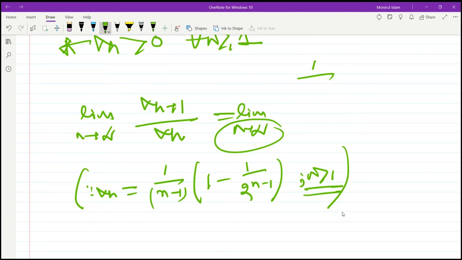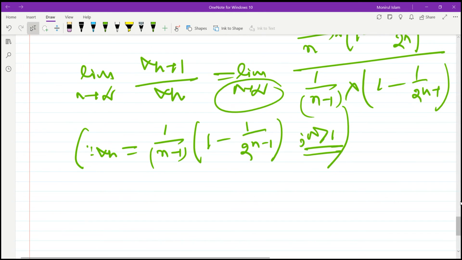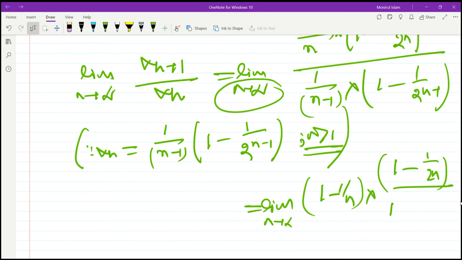So lambda n plus 1 is 1 upon n plus 1 minus 1 upon 2 to the power n, and lambda n is 1 upon n minus 1 upon 2 to the power n minus 1. If you simplify, you get limit n tends to infinity of (1 minus 1 by n) upon (1 minus 2 by n minus 1)... Here 1 by n tends to 0 and the 2 to the power term also tends to 0.